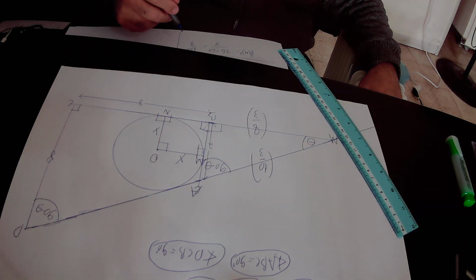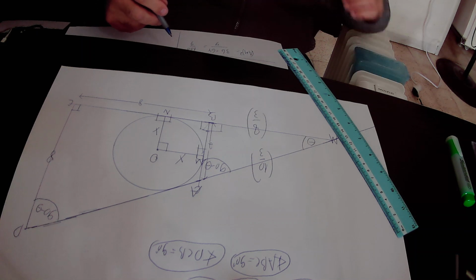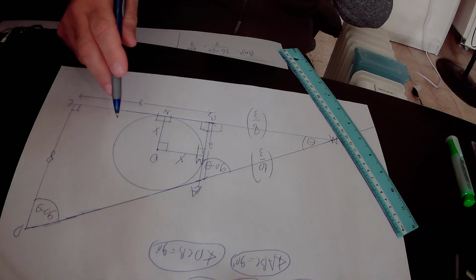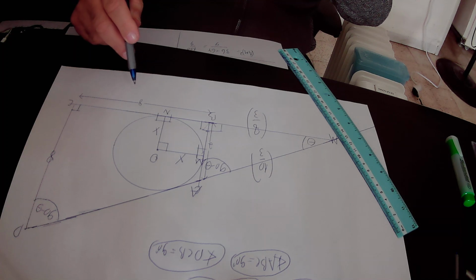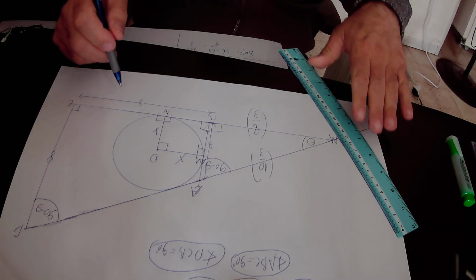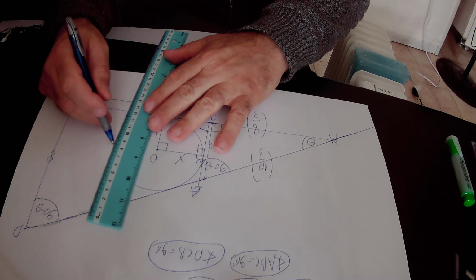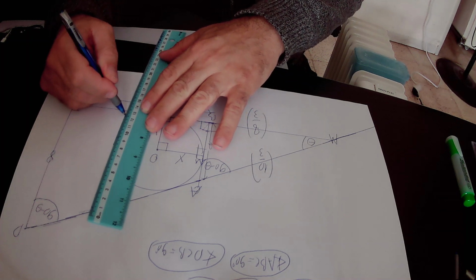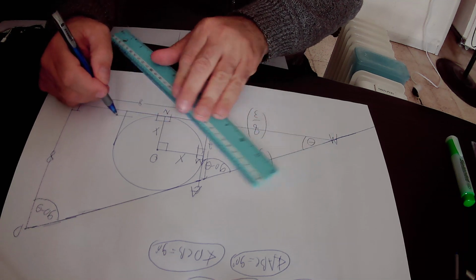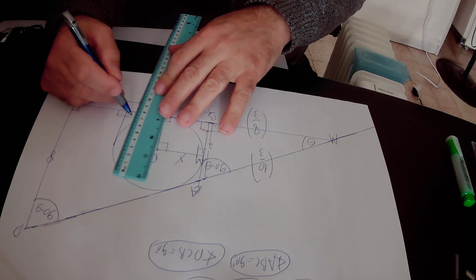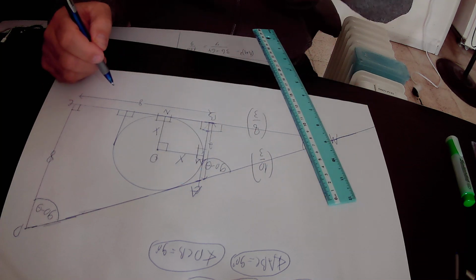The next step, we will do a construction. We will draw a perpendicular on BC in such a way that it will also be tangent to the circle. So this angle equals 90 degrees, and this angle also equals 90 degrees according to our construction.